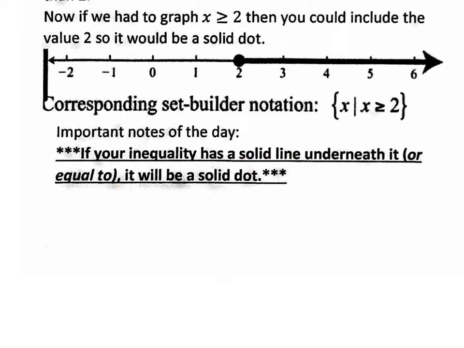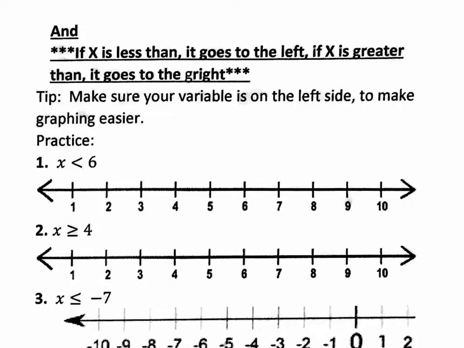If it does not have a solid line underneath it, it's not going to be a solid dot. It's going to be an open dot. And fun fact number 2 of the day: if x is less than, then it's going to go to the left. If x is greater than, it's going to go to the right. Simple. Okay? So let's practice right here.